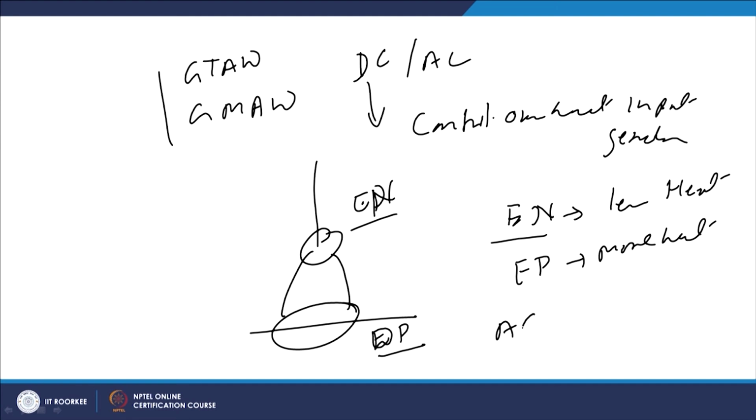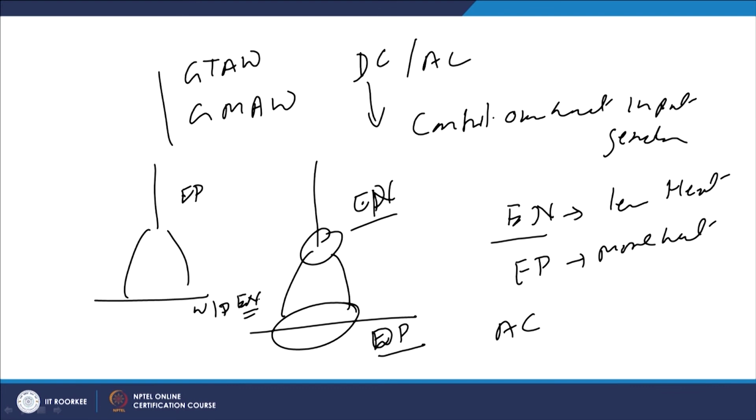But in case of AC, since the polarity keeps on changing on every half cycle, the amount of heat generated at both the ends will be equal. Say, for example, if you want more heat generation at the electrode, then the electrode will be made positive and the workpiece will be made negative.